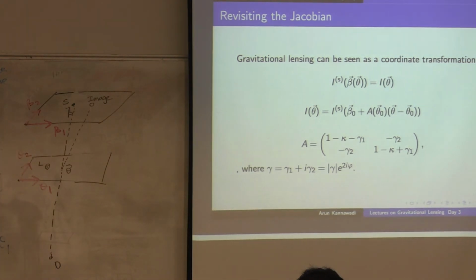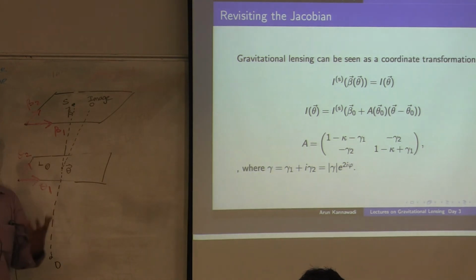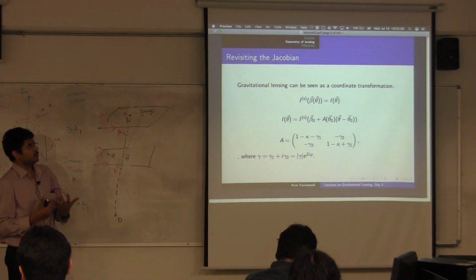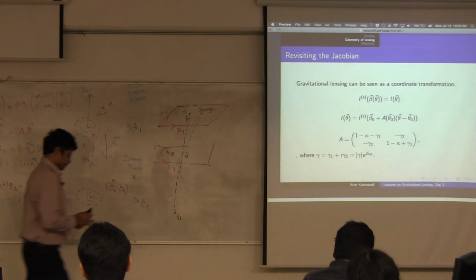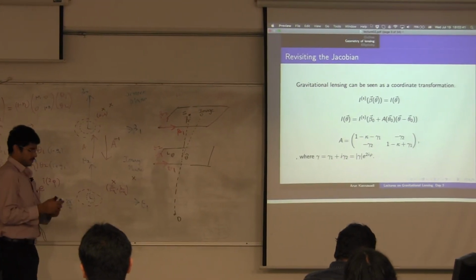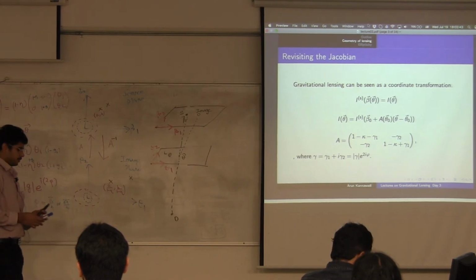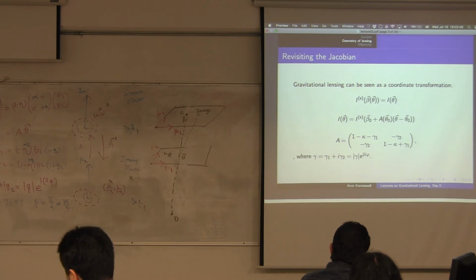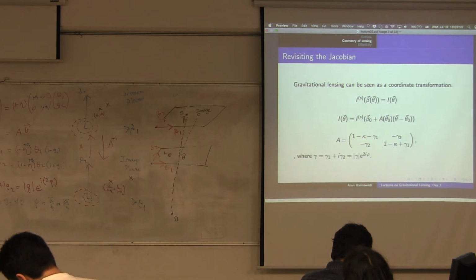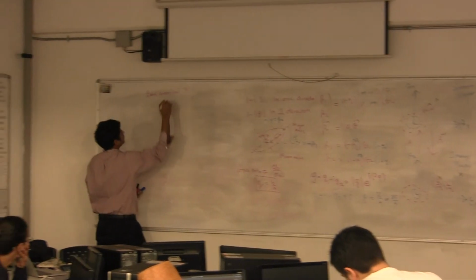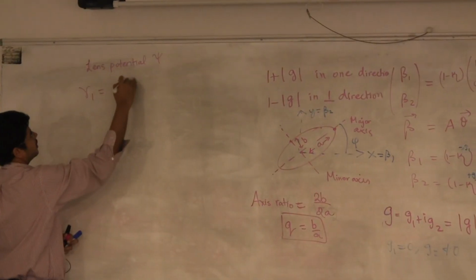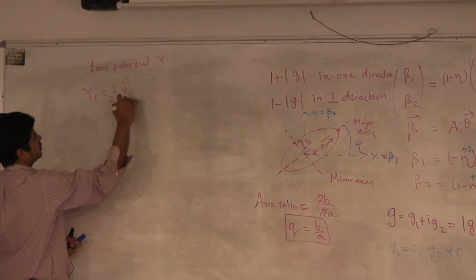Another way of saying this is that a circular lens will also produce, okay, then we should also go to this. If you remember the expression for gamma 1 and gamma 2, we had a lensing potential psi, and gamma 1 was given by half of this.